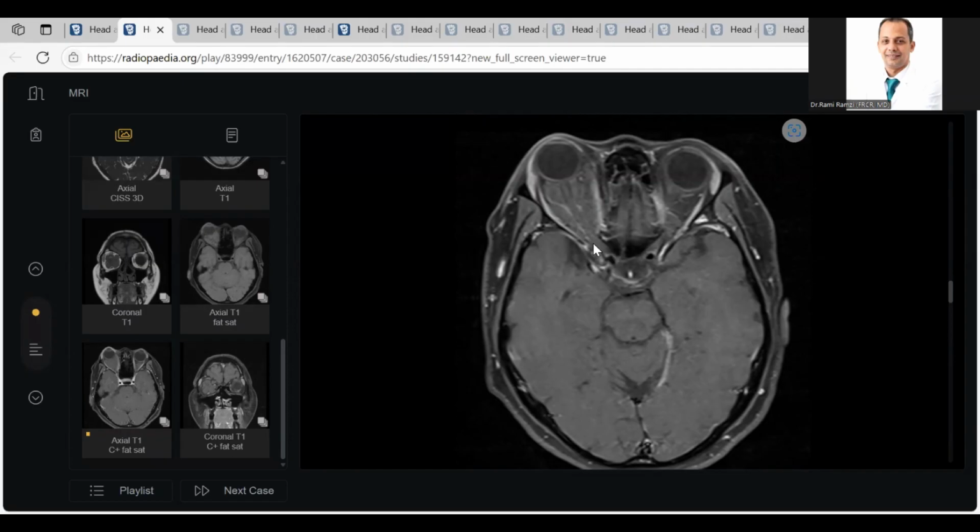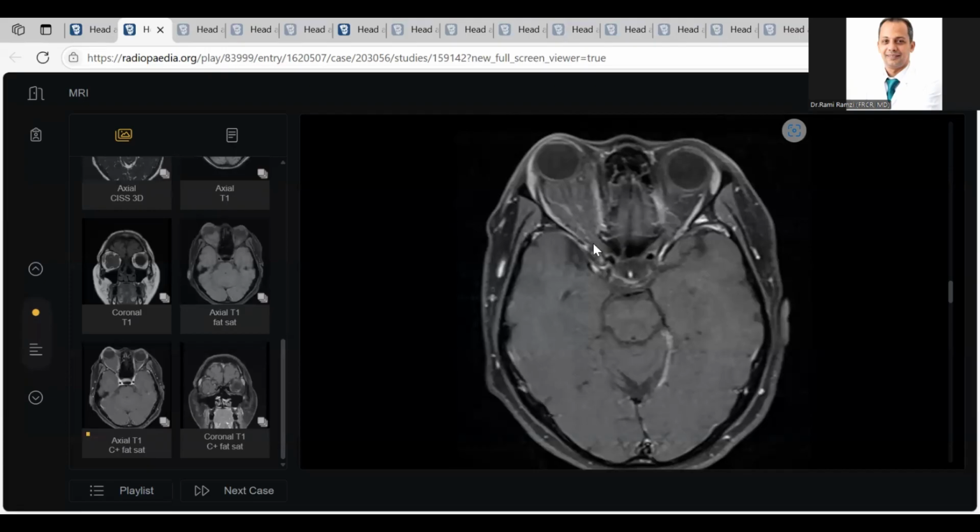What's your diagnosis, please? Give me a differential diagnosis. Concerning age, first I thought it's a hemangioma, but hemangioma shows early enhancement. Second, lymphangioma, and third maybe another lesion, but there's no enhancement in this area.